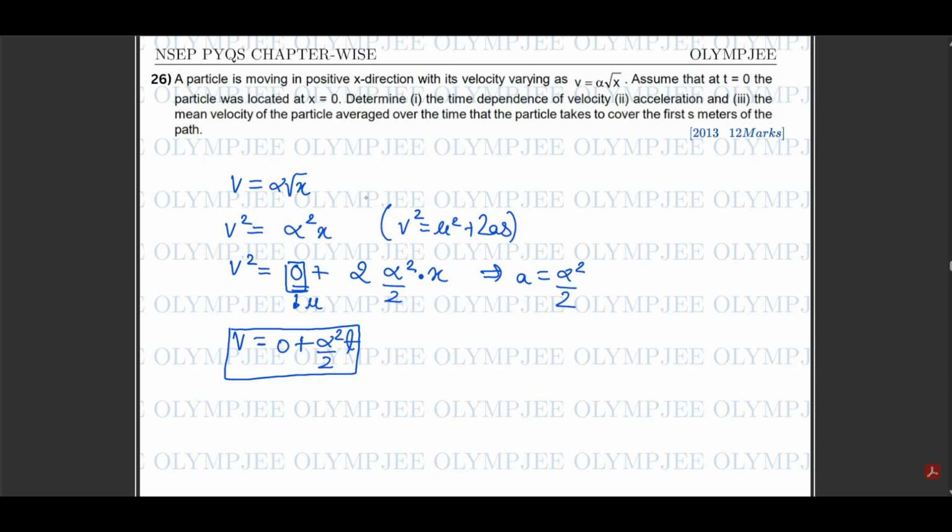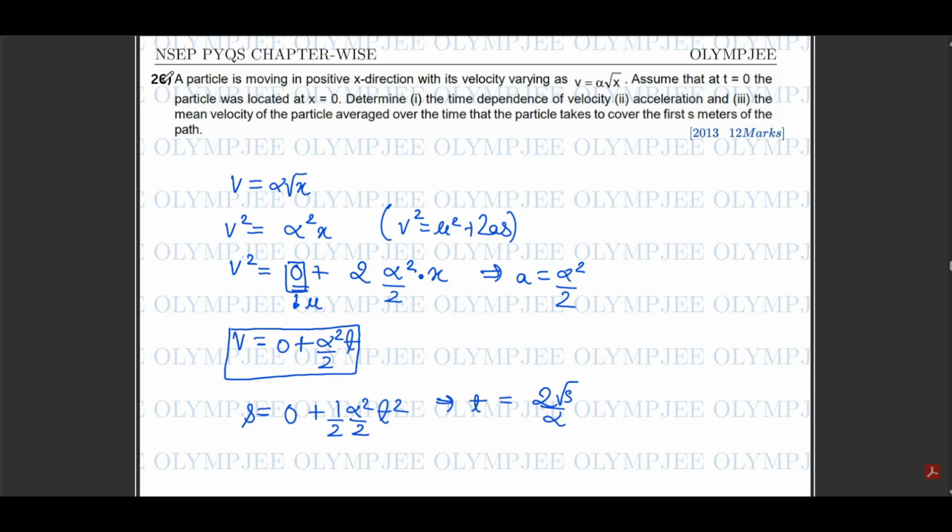Then we need to find the mean velocity of the particle averaged over the time that the particle takes to cover s. So s is equal to ut plus half at square, with u equal to 0. This gives us t is equal to 2 root s by alpha.